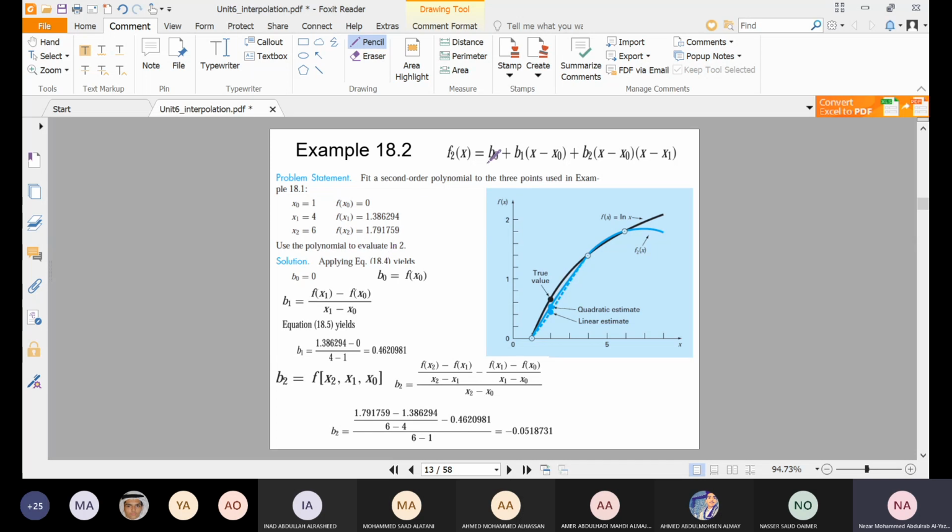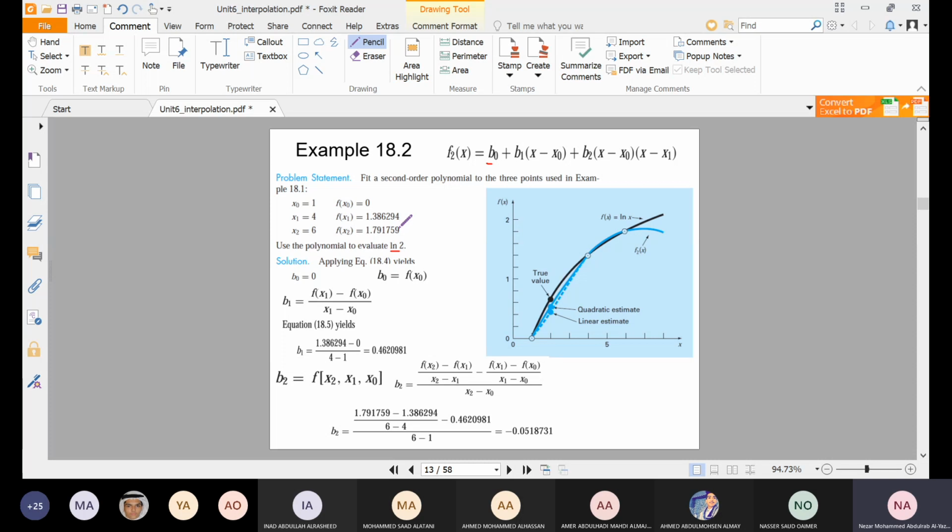Here, as we know, x0 equals 1, x1 equals 4, x2 equals 6, and here I have the function values at these points. So we use the polynomial to evaluate ln 2, and 2 is not available in this table.